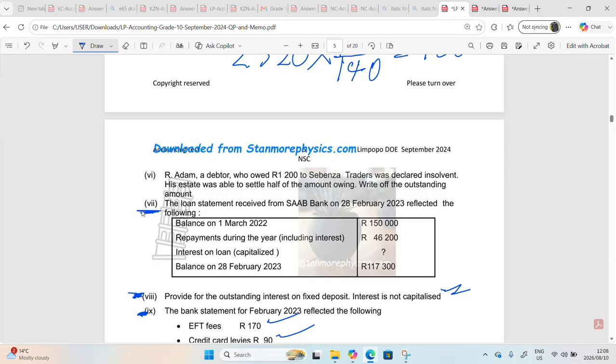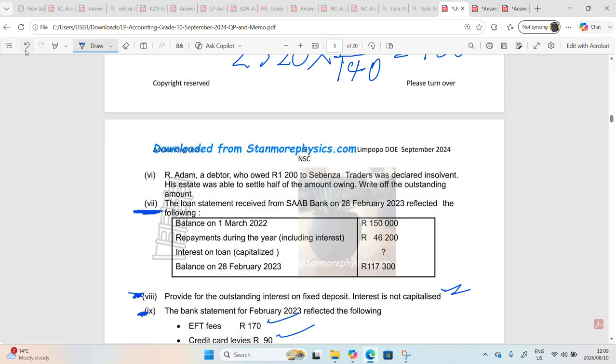Okay, the loan statement received from SAA Bank on 28 February reflected the following: the opening balance, repayment during the year, repayment that include the interest on loan, capitalized, and then you have the closing balance.